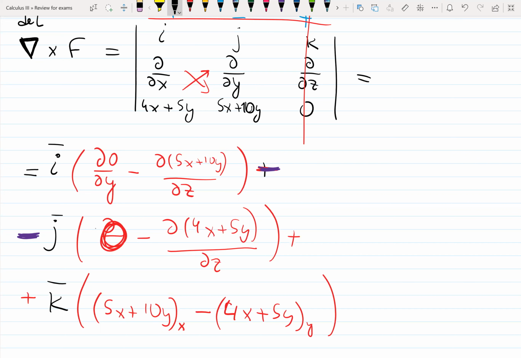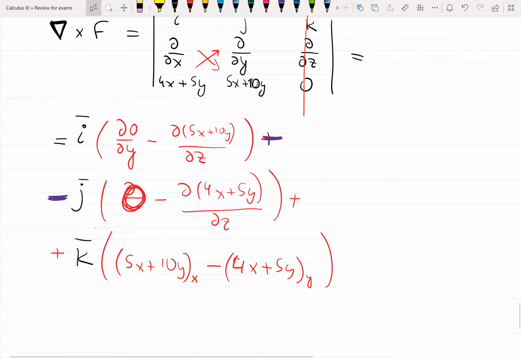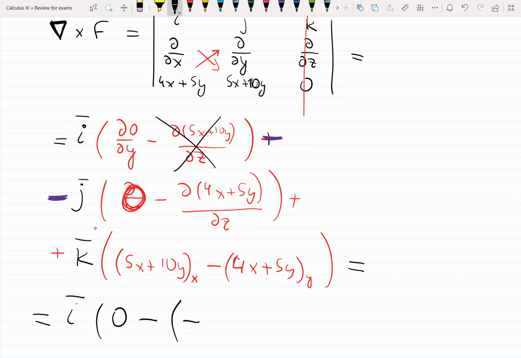Okay, so this topic somehow I like, even though it's tedious, because I know how to create it and I know how to calculate each part. i, 0 minus derivative of 5x plus 10y with respect to z, that is 0 because there's no z variable there. So the whole thing is 0 minus 0. Minus, so don't forget open parentheses, put minus again. 4x plus 5y with respect to z, 0 again.